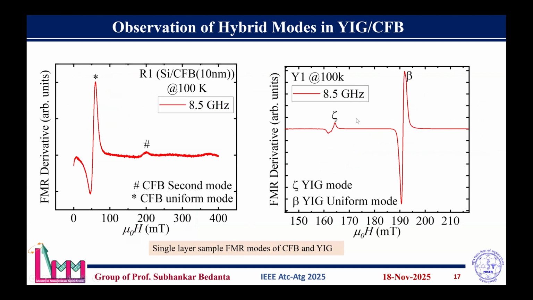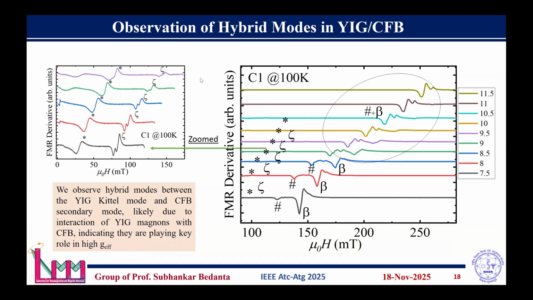The star and zeta are present over there in this initial part. But on the later part, this CFB secondary mode, which was marked as hash, gets nearly coupled with the beta mode, which was a uniform mode of YIG. And these modes kind of produce a hybrid mode.